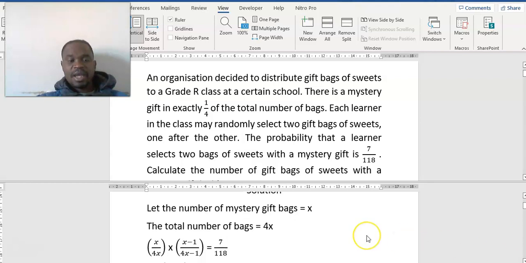Then the probability that a learner selects 2 bags of sweets with a mystery gift is this one. So it means a learner selects a gift from 2 bags, the first bag and the second bag. For the first bag, it is going to be x over 4x.